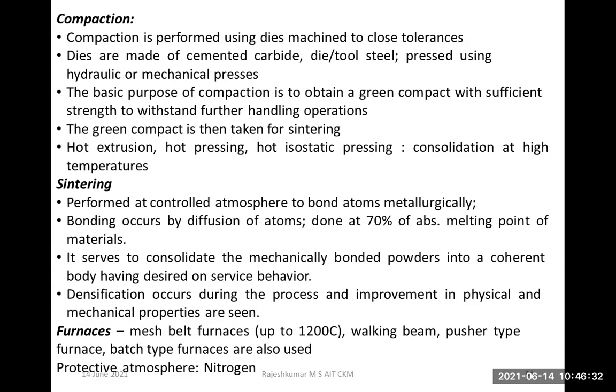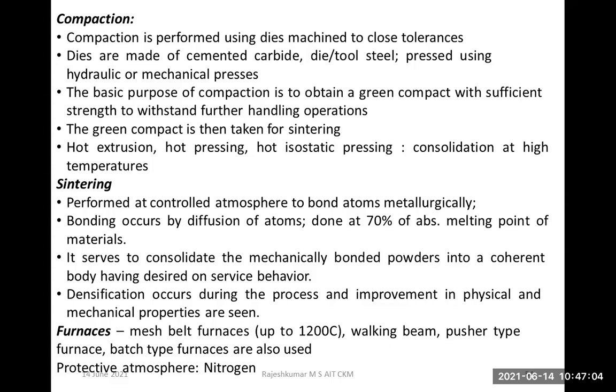The next is sintering. The green compact is sintered in a furnace under a controlled atmosphere. Sintering is carried out at temperatures of about 70 percent of the absolute melting point, and then bonding occurs through diffusion of the material, giving integrity to the compact. Sintering also serves to consolidate mechanically bonded powders.